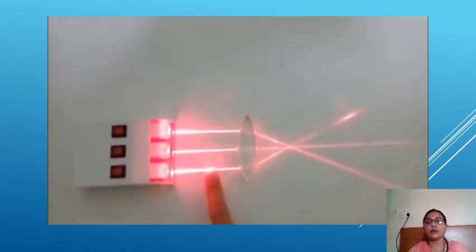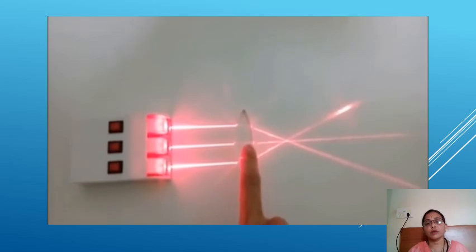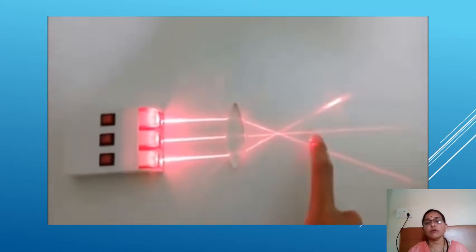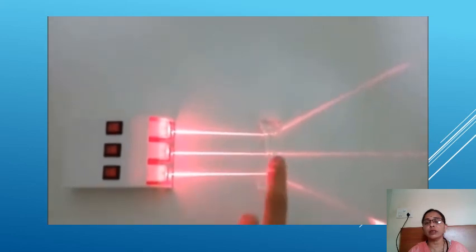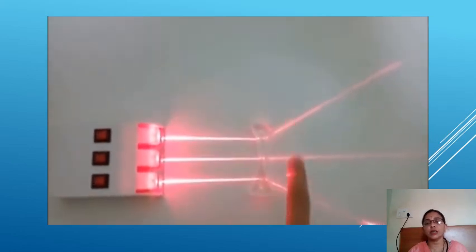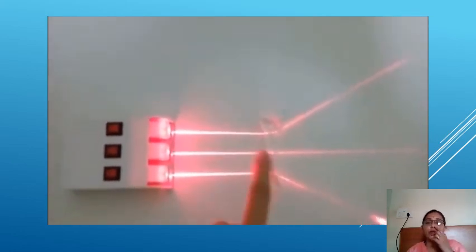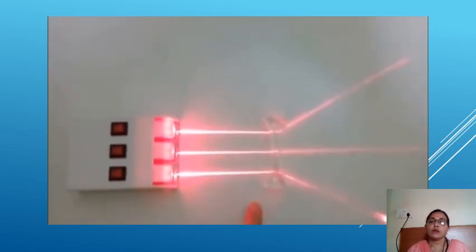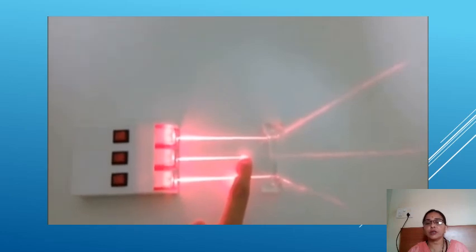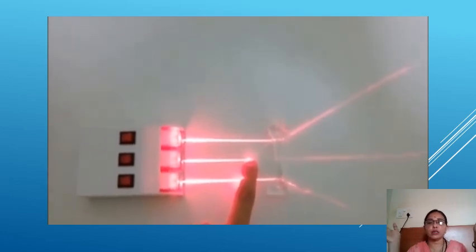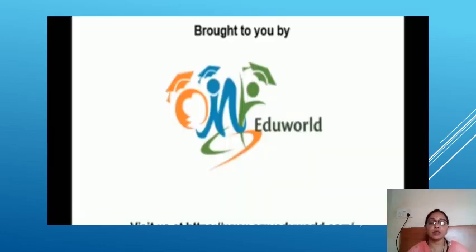They come and meet at the focus. So this ray in the middle doesn't bend, it doesn't deflect, it passes straight. Here also with the concave lens, there are three rays. The first one and the third one deflect. Refraction takes place and they spread, they diverge. But the middle ray doesn't diverge.